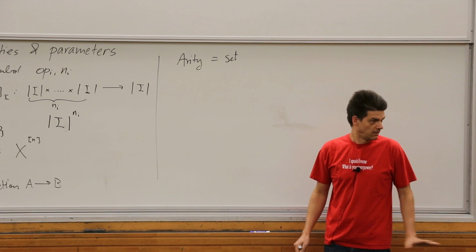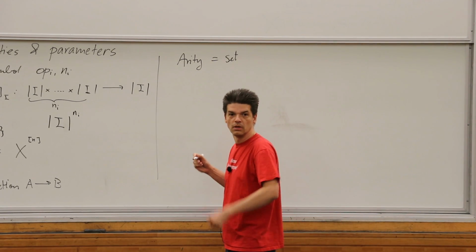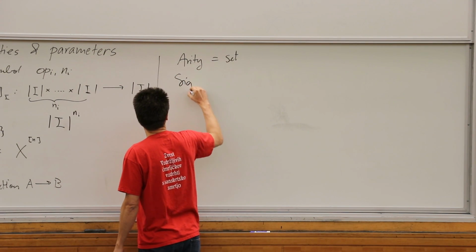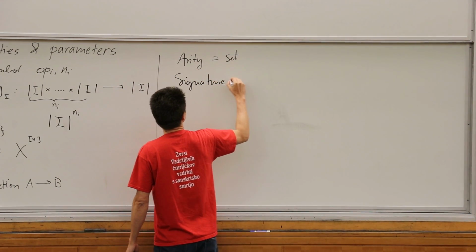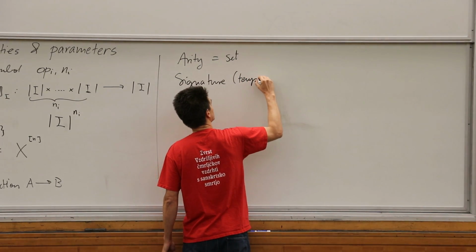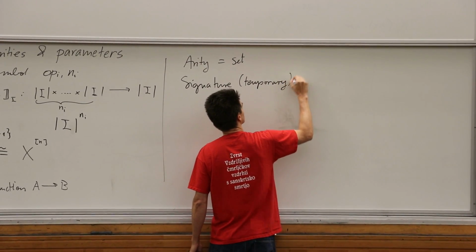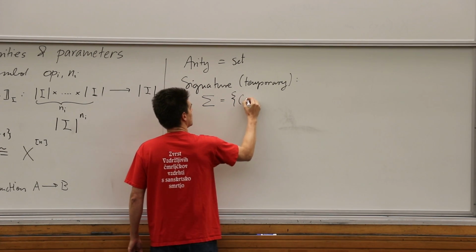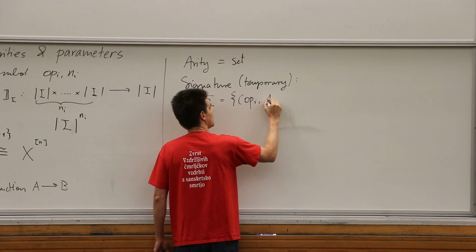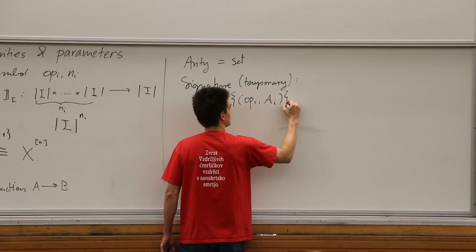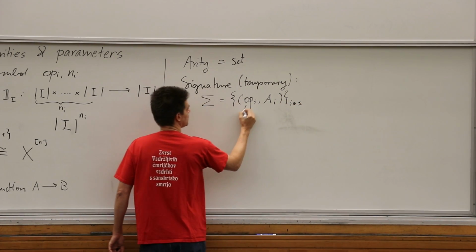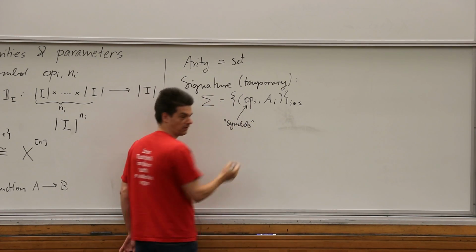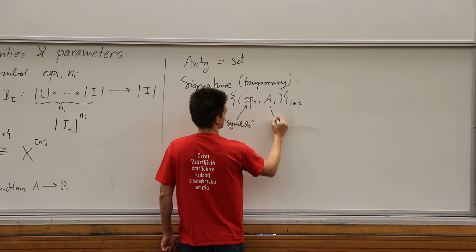That's our first idea. So under this new view, when I have a signature, what will a signature be? This is a temporary definition, because we're not done yet. We need to add parameters. A signature would then be like this. A signature is a bunch of operations with arities. And I think of these as symbols, although they really can be anything. And these are just sets.